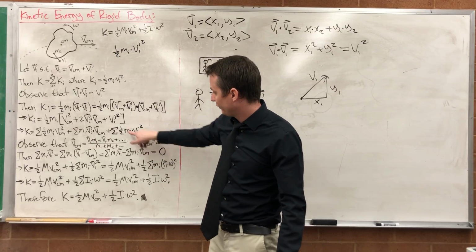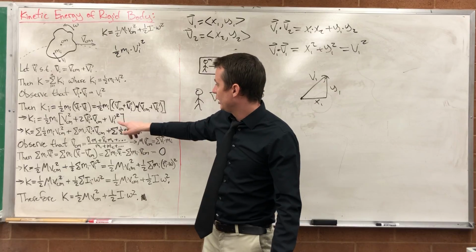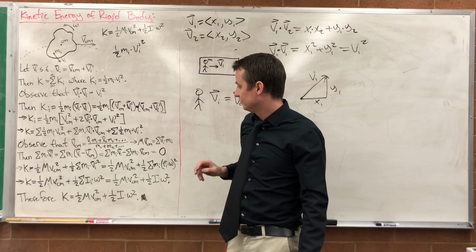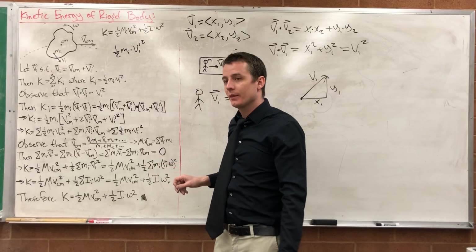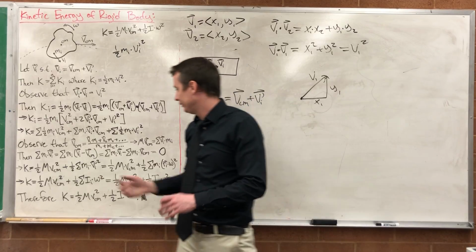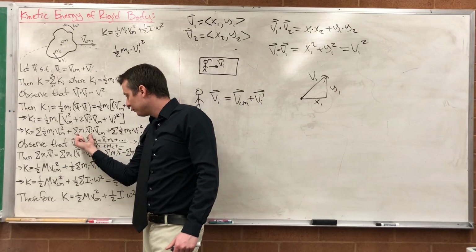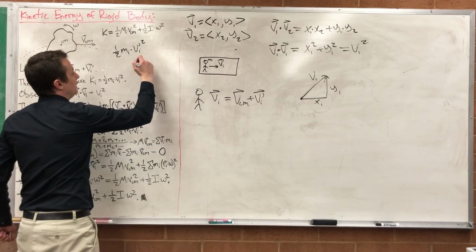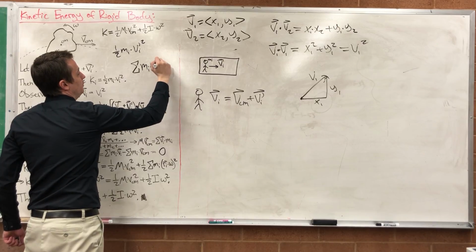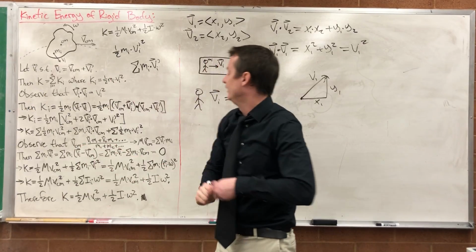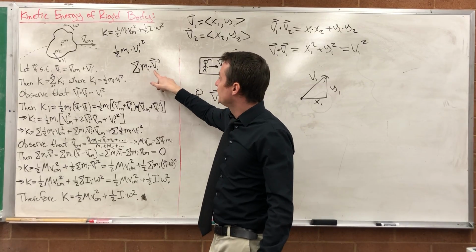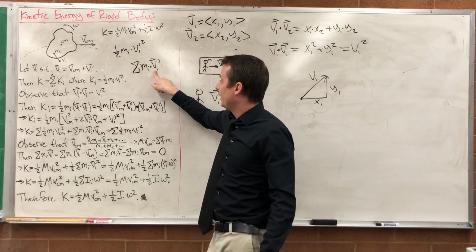Yeah, because that came from right here, which came from dotting this with this, which just gives us the magnitude squared. So it's the fact that the velocity prime is a vector that makes it go to 0, right? Here's intuitively why this is 0. This sum right here, m sub I times v sub I prime as a vector, is going to be 0 every time, because what is v sub I prime?